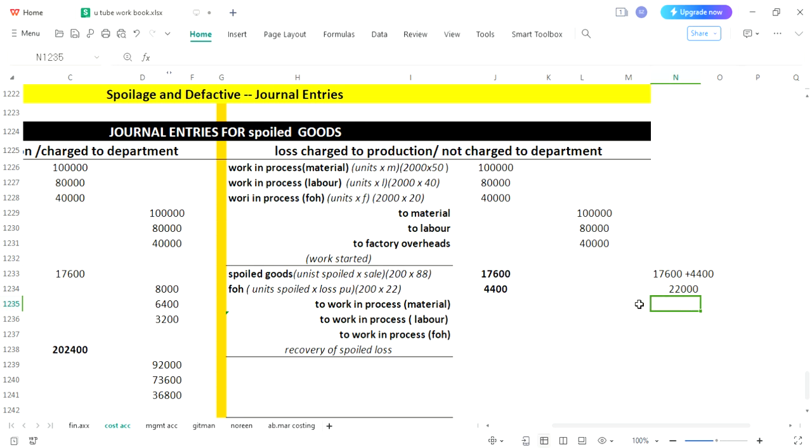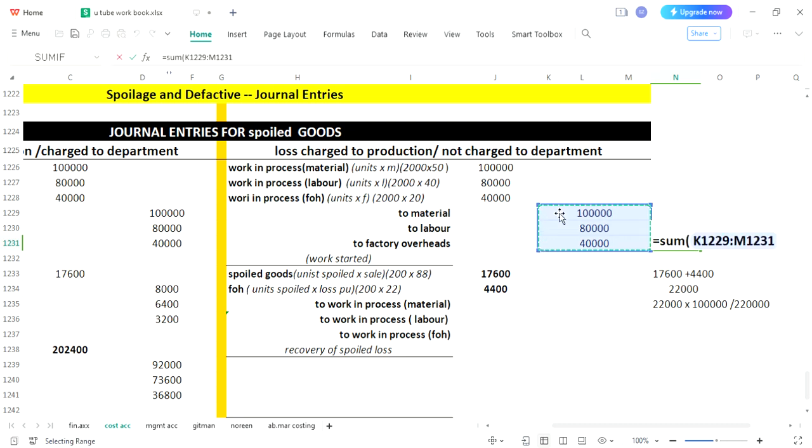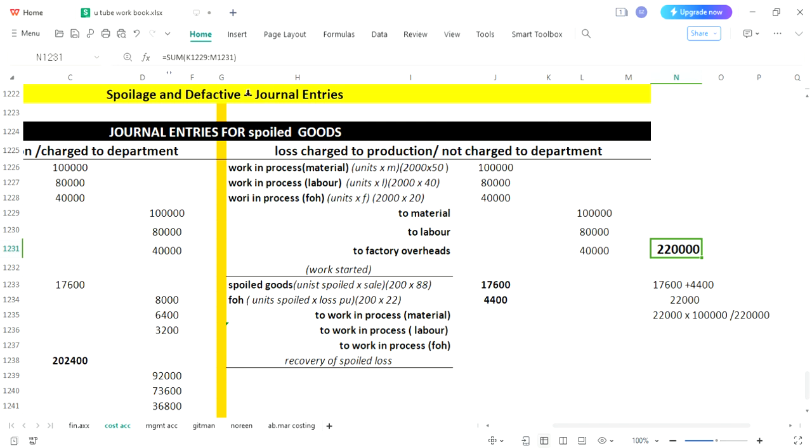To calculate the amount of work in process material, 22,000 would be multiplied by the individual total 1 lakh and then divided by the sum of these three amounts, which was 220,000. The sum of these three amounts is not the big thing. You have added these three amounts and calculated 220,000.